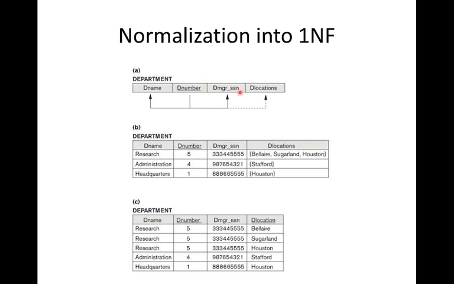What we have to do is this: the D locations attribute is the problem. When there is a multi-valued attribute, we remove it from this table. So the table becomes D name, D number and D manager SSN. This is the department table, and we move D locations into another table, and in that table D locations and the primary key of this table, D number, will be there.